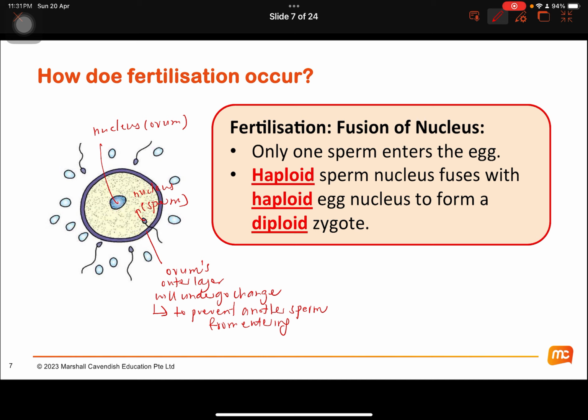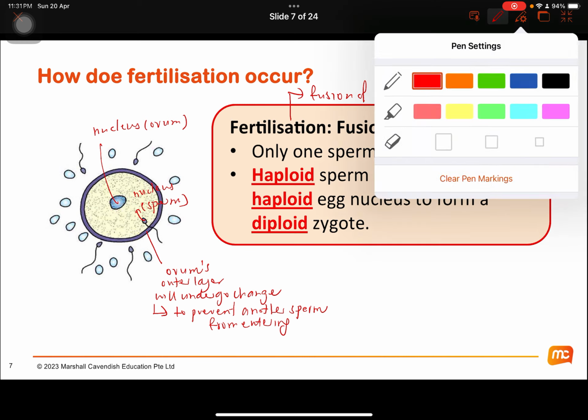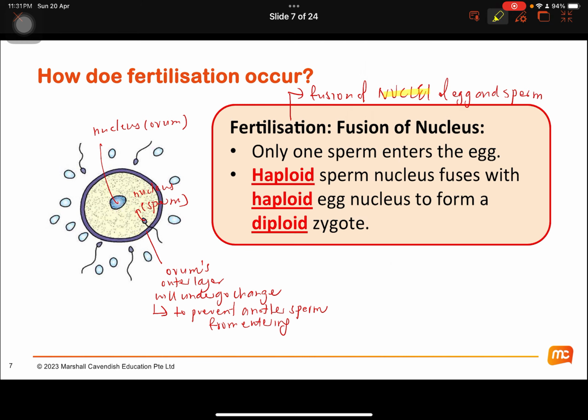I emphasize, fertilization is not just the fusion of egg and sperm, but the fusion of the nuclei of egg and sperm. That's the very important keyword in the definition of fertilization, and that will help to form a diploid zygote.